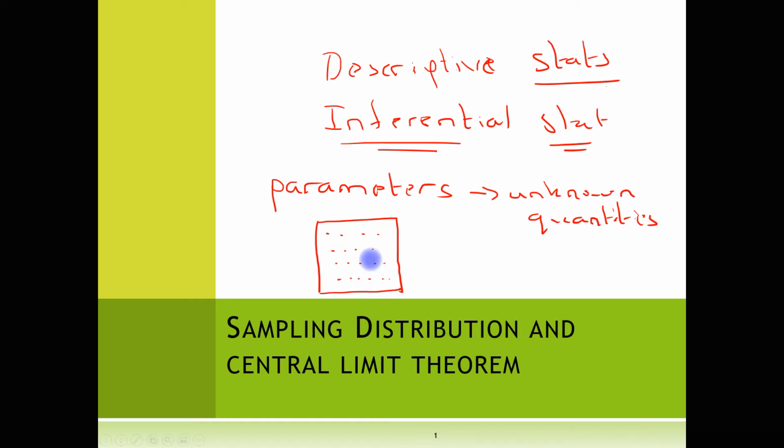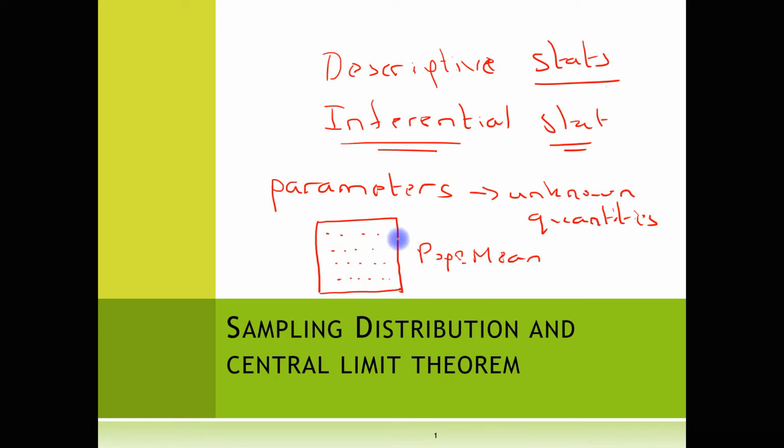Let's suppose there are 10,000 or 100,000 or whatever number of people, and then you compute the mean. That mean will be referred to as the population mean, and that would have been the exact mean.